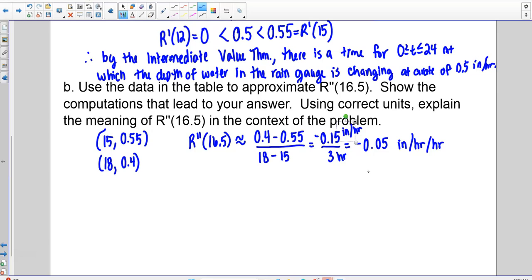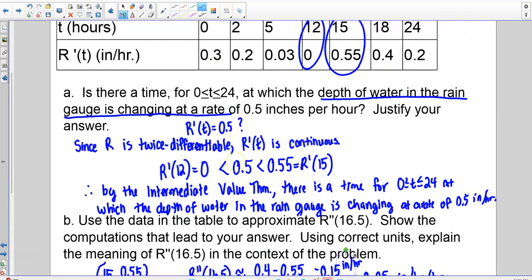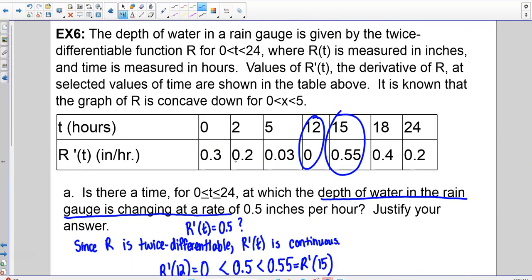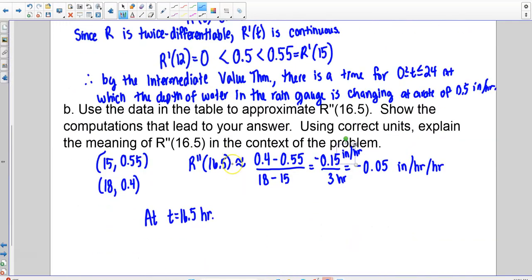Okay, so we want to explain this, and it is a rate of a rate, right? So we're going to say at t equals 16.5 hours. We're not talking about the depth of the water in the rain gauge.